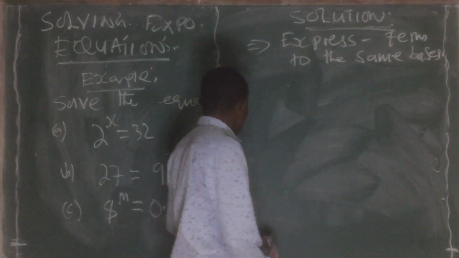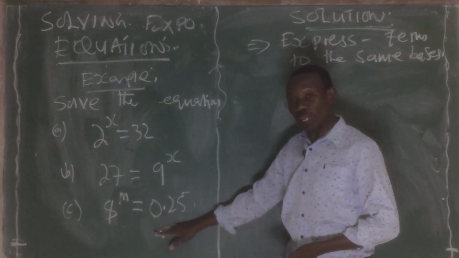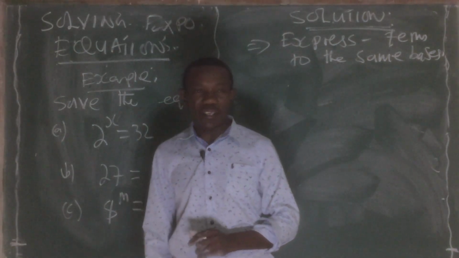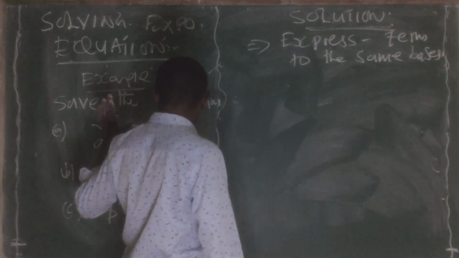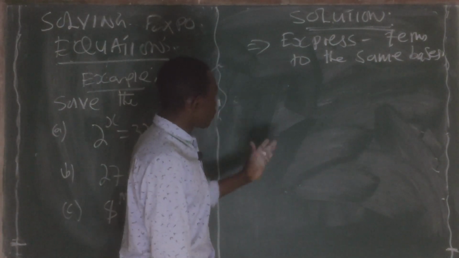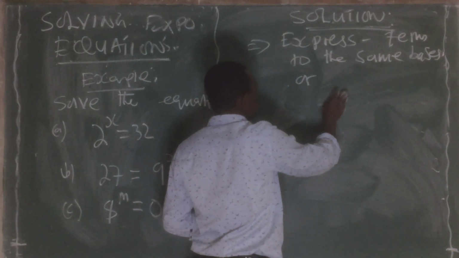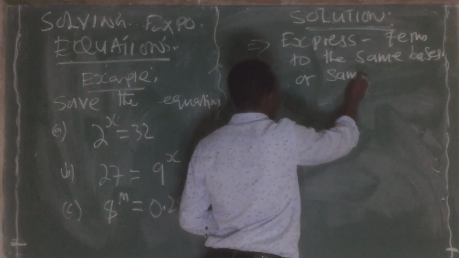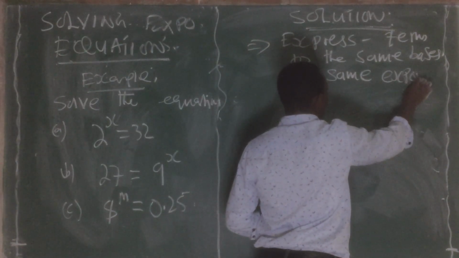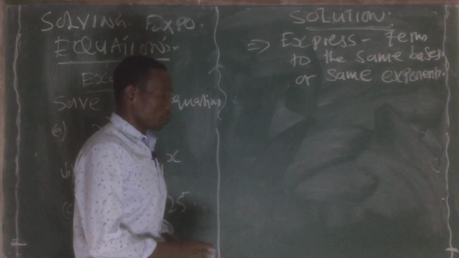That's all. If you are given an exponential equation, the first thing you should consider is the principle of expressing the terms to the same basis. If not, try to express the terms to the same exponents, or say powers. That is the first step that you would do.